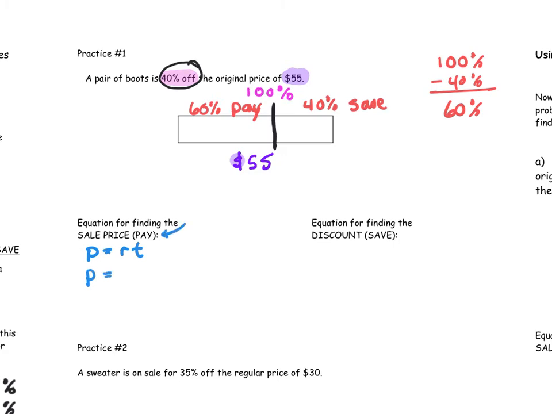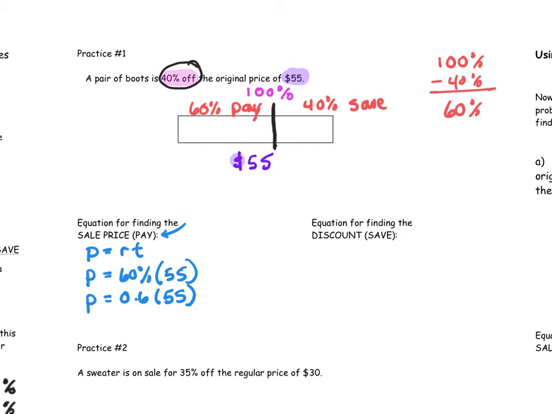So I would then use the 60%, because that's the percent I'm going to pay, times the money, which is 55. I would take 60 divided by 100 and get 0.6 if I use the calculator, or I could scoop it over twice, get the same result.